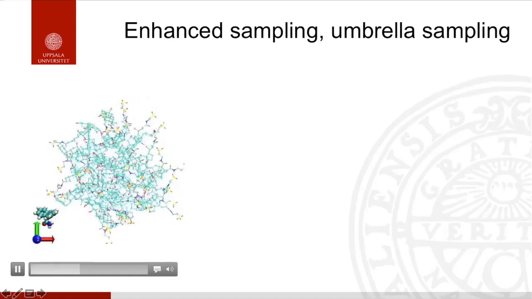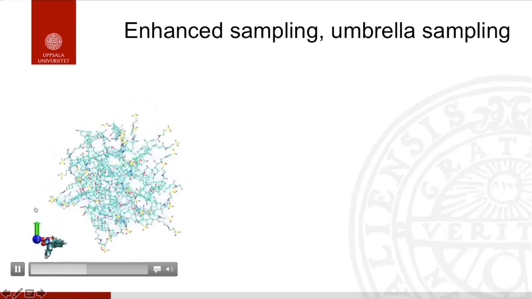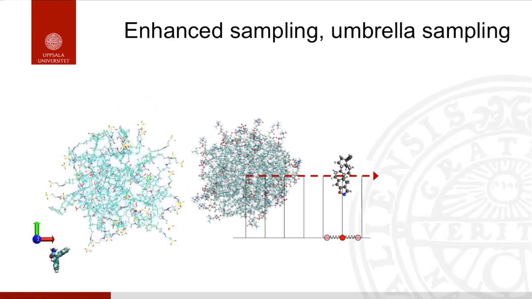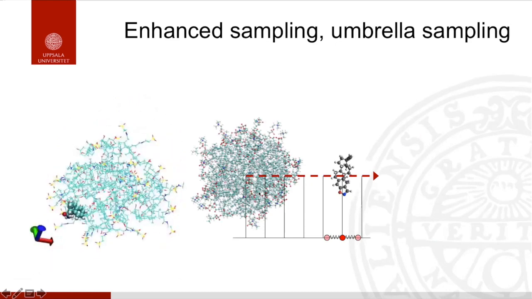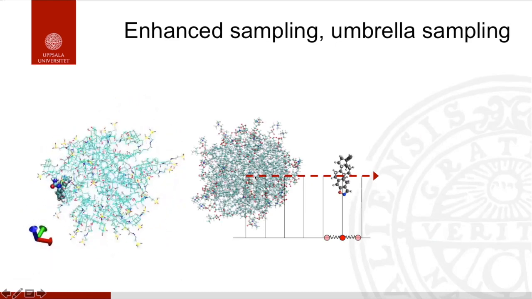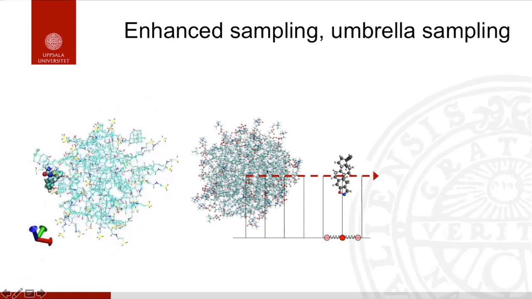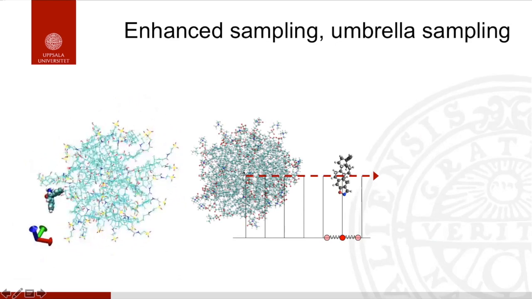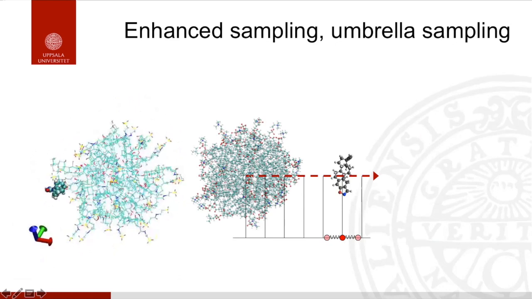So we take this trajectory and, at some of those slices, we save these configurations when the molecule is here, here, and so on, with respect to the center of the colloid.